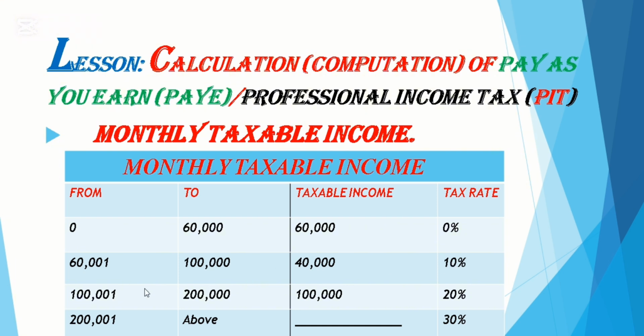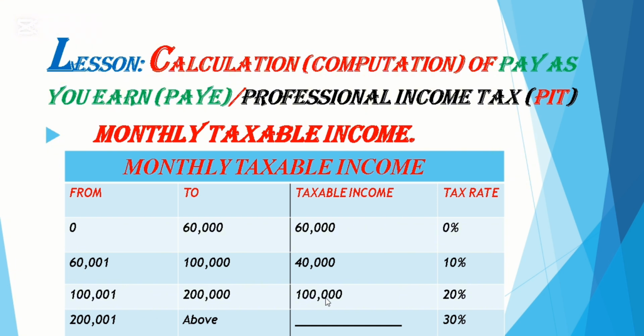The next step, number 3, is showing that any professional, any worker, any employee who earns between 100,000 and 200,000, that is to say a taxable income will be 100,000.